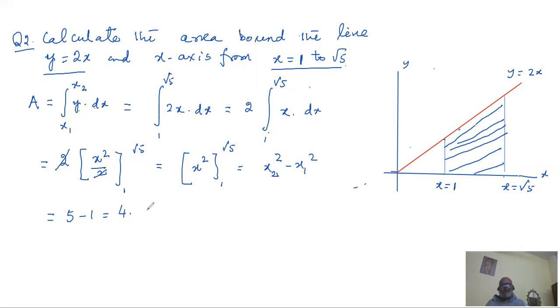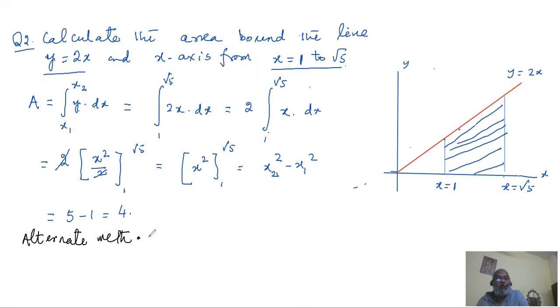If you try to verify it using the geometric methods that you have learned at school level, that method will also give you the same thing. Let us try it that way. That is the alternate method.